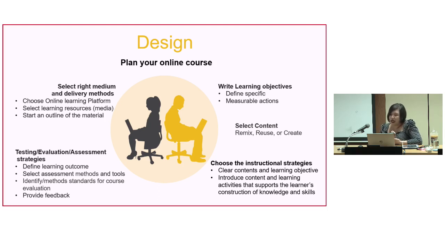You make a list, a draft of your course. That is the product of this design step. You can design your lesson plan and list what you want to do and what you want to use in your course.